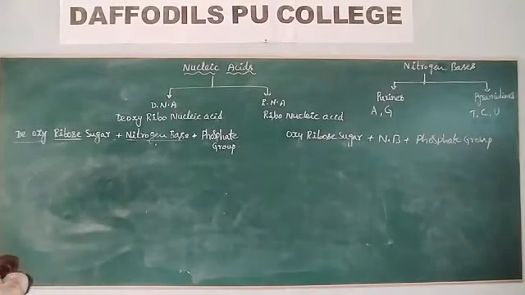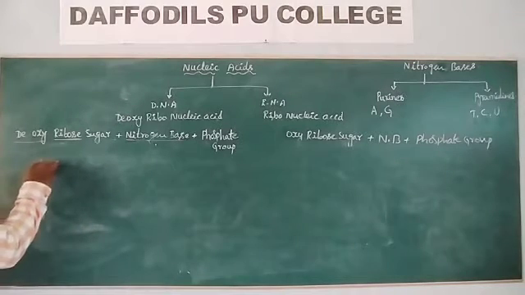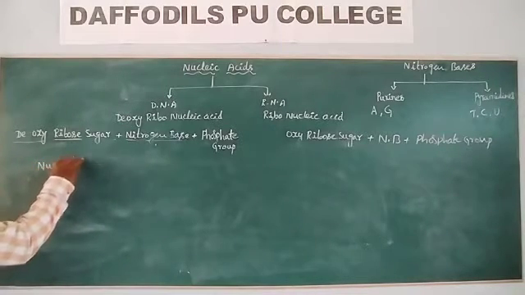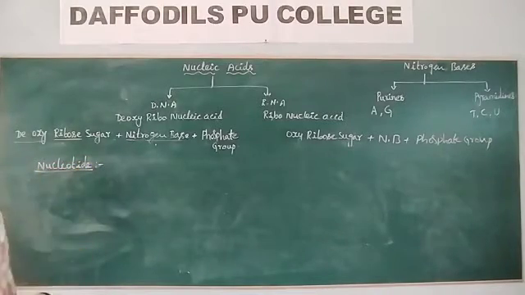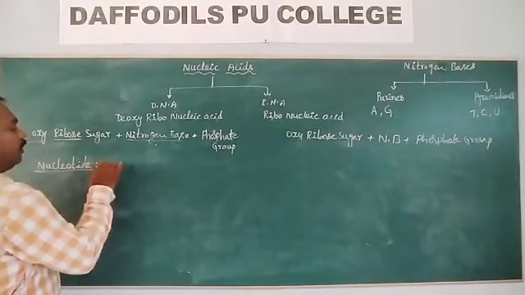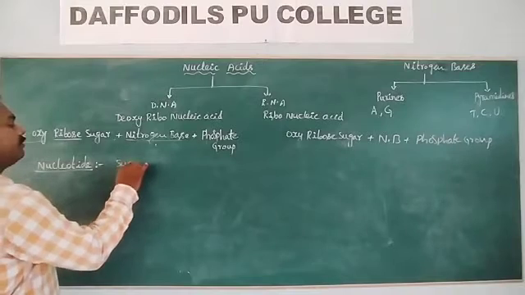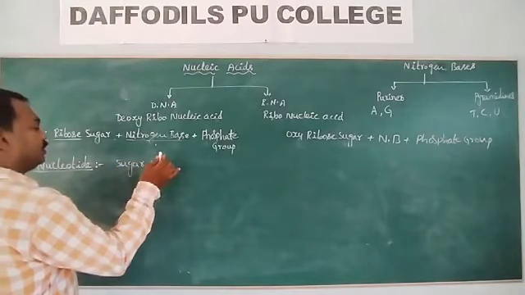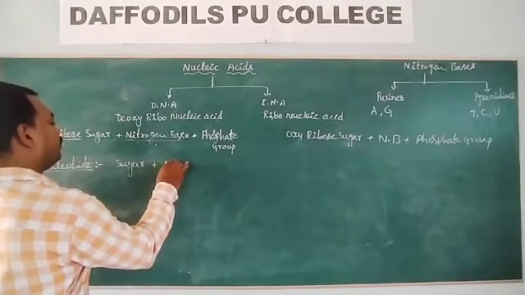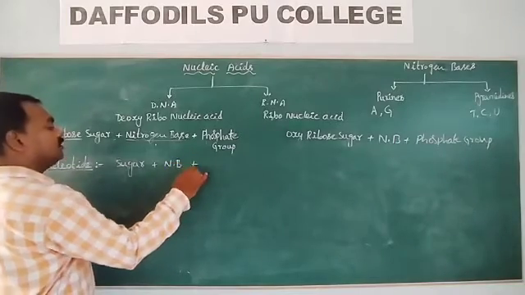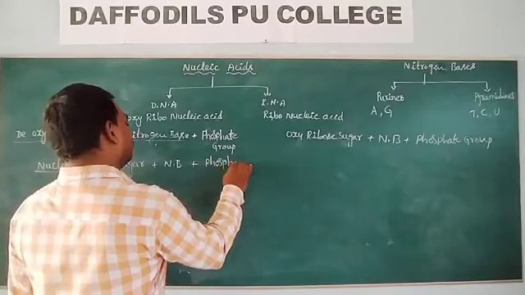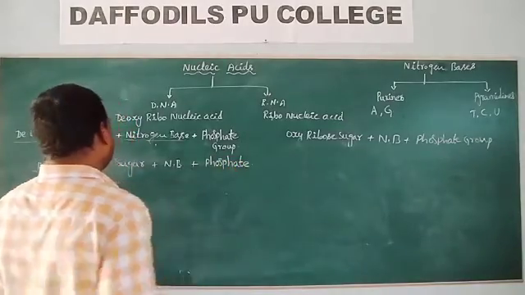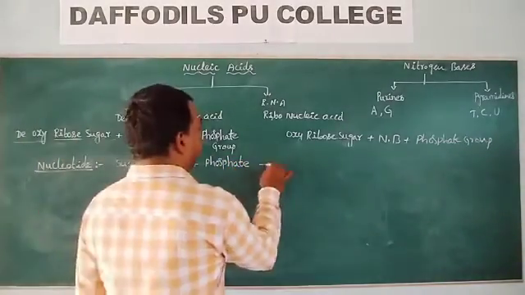Next is the nucleotide. How do you get a nucleotide? When ribose sugar is bonded with a nitrogen base along with a phosphate group, you get a nucleotide.